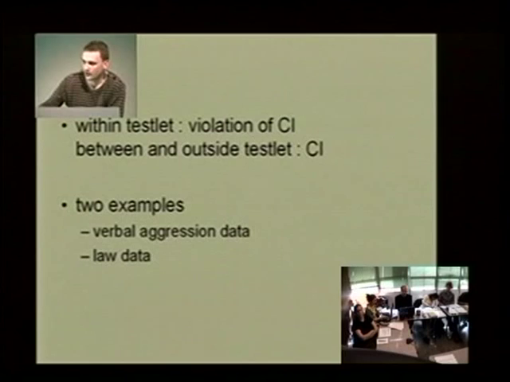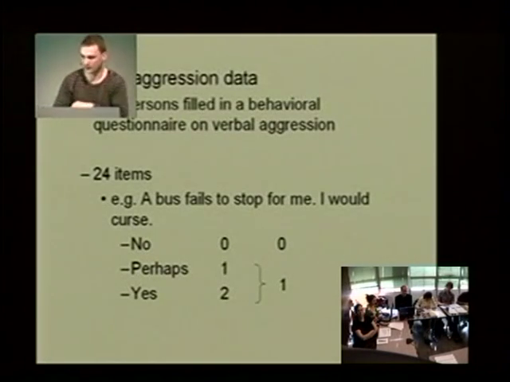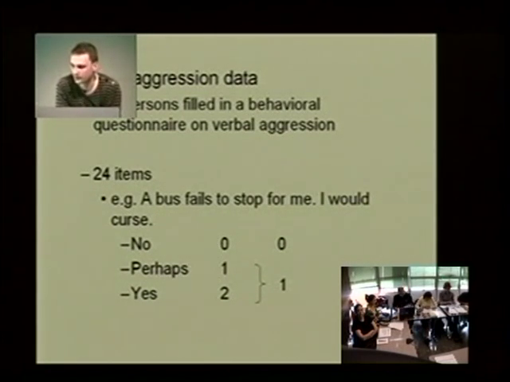Throughout my presentation I will focus on two examples, and one example is one that should be fairly familiar to you. That's the verbal aggression data set, and another one is what I call law data. So verbal aggression data, here is a short overview. 316 persons filled in a behavioral questionnaire on verbal aggression, and there were 24 items, all of the same type.